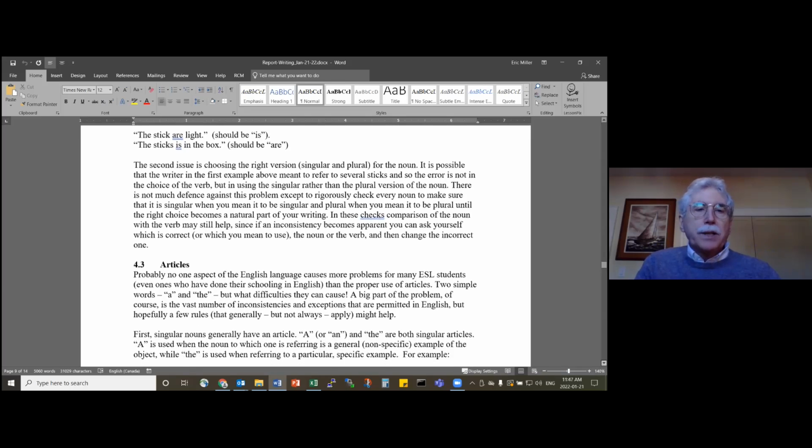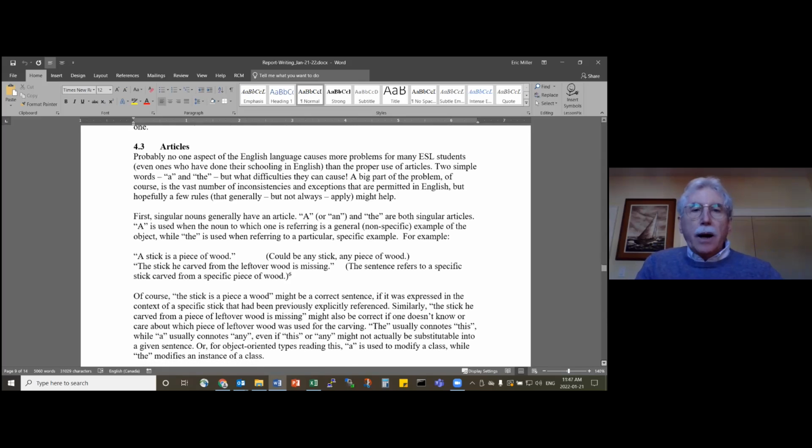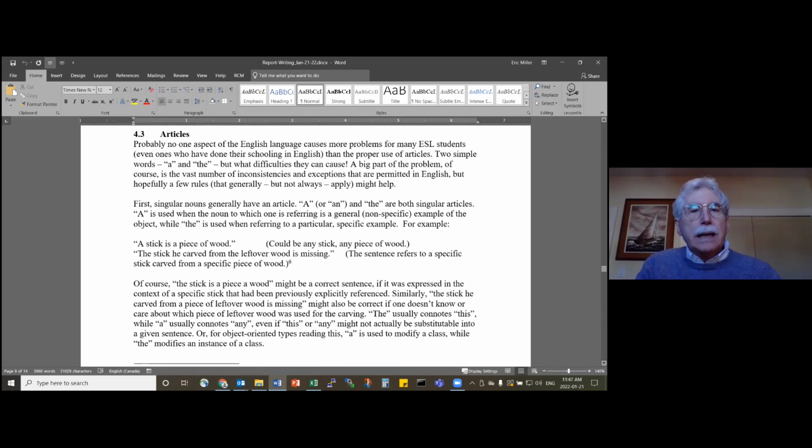The second one, which I know drives a lot of students crazy, is articles. My impression is that it's maybe the single biggest problem many students have. We just have these two little articles, a, or an if it's in front of a vowel, and the.